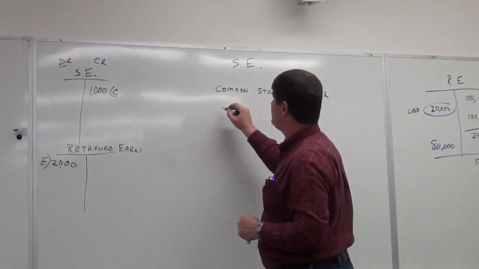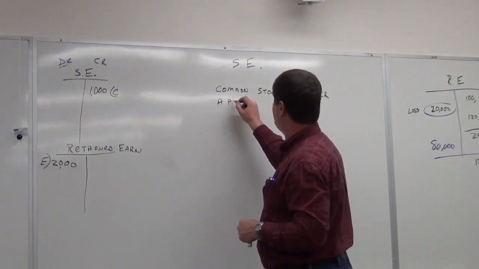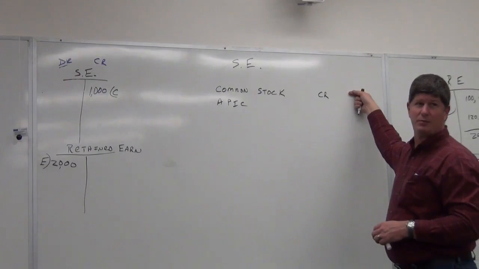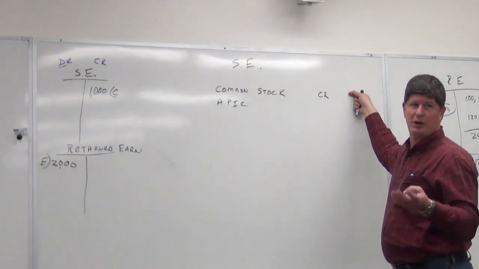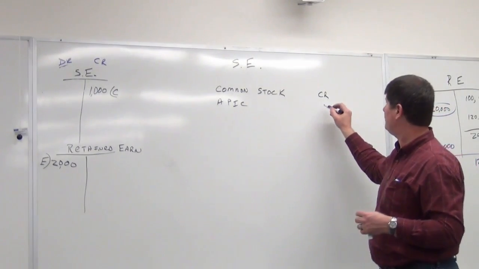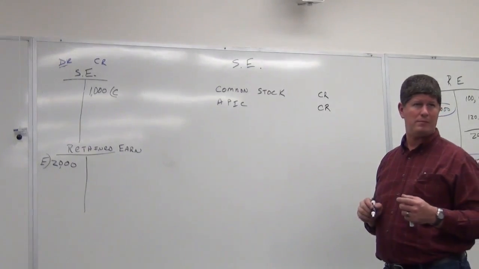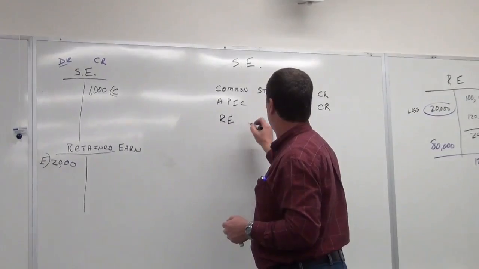The other thing is, remember we had the issue where we had additional paid-in capital. So they paid $30 for the stock, but it has a par value of 10. So $20 would go in additional paid-in capital. That also increases as a credit. Then we have retained earnings.